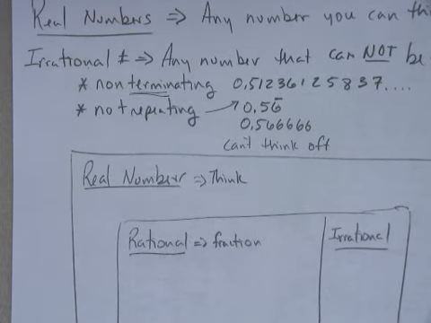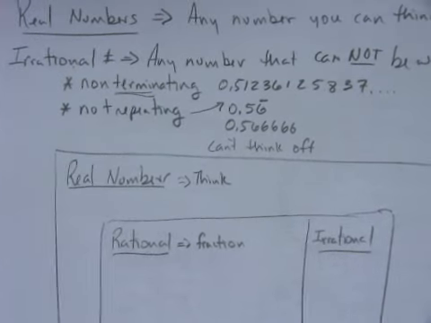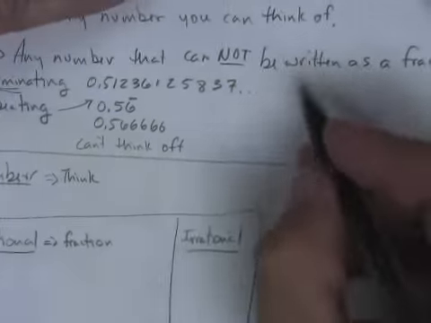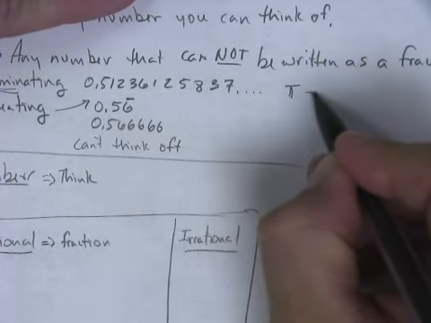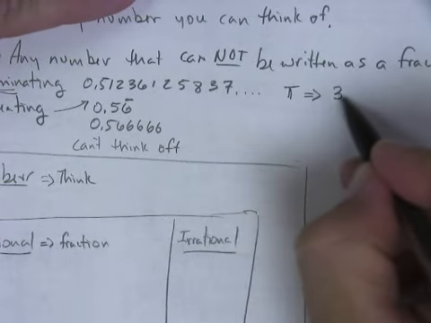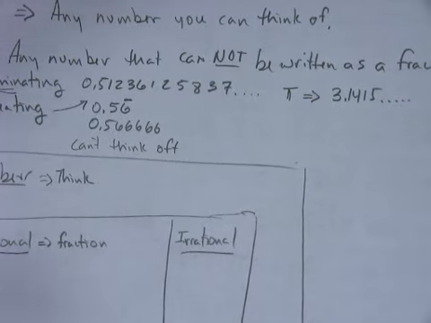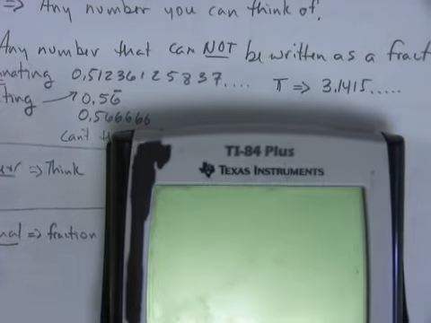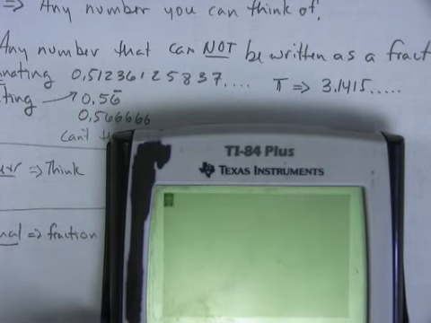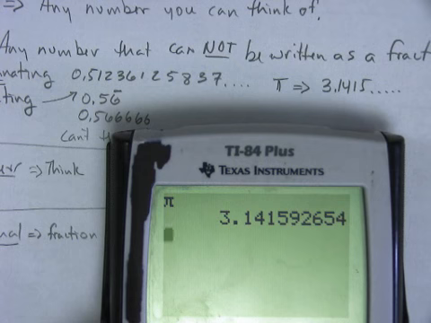And you're probably thinking, well, give me an example of an irrational number. One example, a real famous one, is pi. Pi is considered irrational because it's 3.1415, and it just keeps on going. As a matter of fact, if I pull up pi on my calculator, here it is. It's 3.141592654.